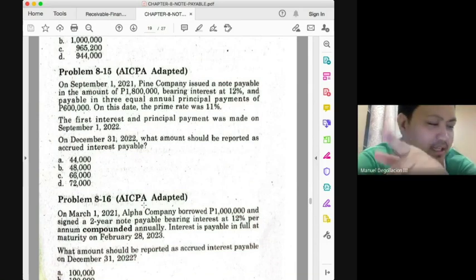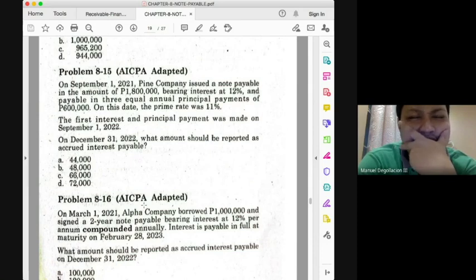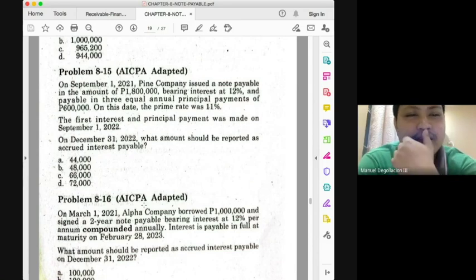Basically very similar to the one problem we have encountered earlier. The total here is 1,800,000 and you will be paying 600,000 every year plus interest. Payments are to be done September 1 of each year beginning 2022, 1 year from the issuance of the promissory note.